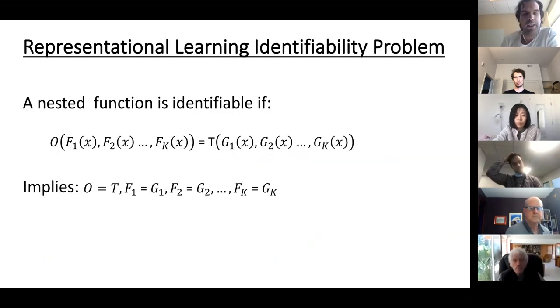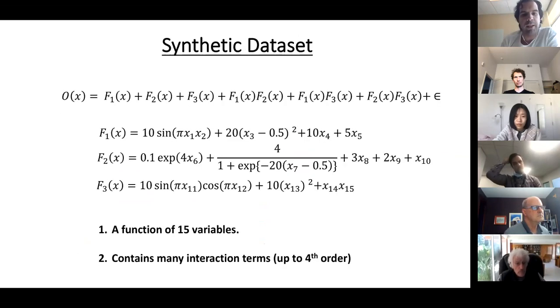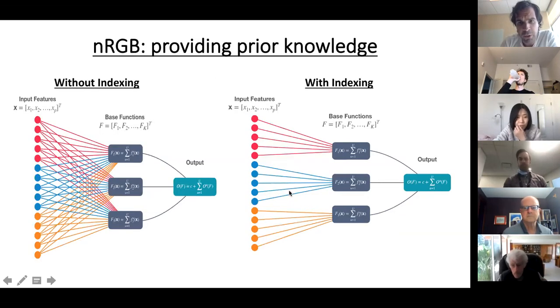Exactly. So the input to this function is these 15 variables: x1, x2, x5, x6 to x10, and then x11 to x15. So those are vectors. Now, either you could group them into these groups, 1, 2, and 3, like what we do here, or you could give all of them to all the channels.